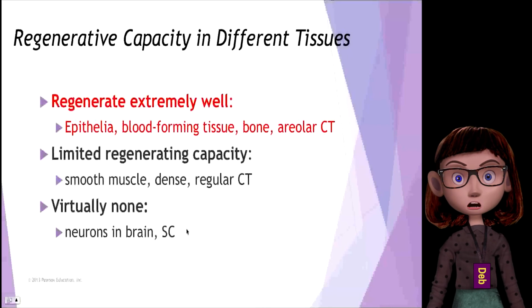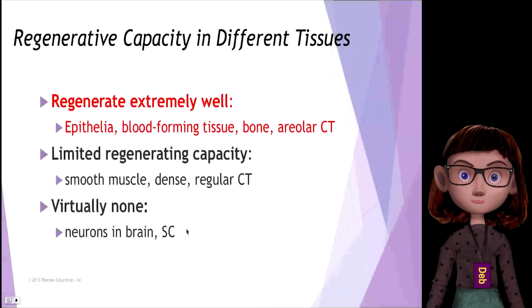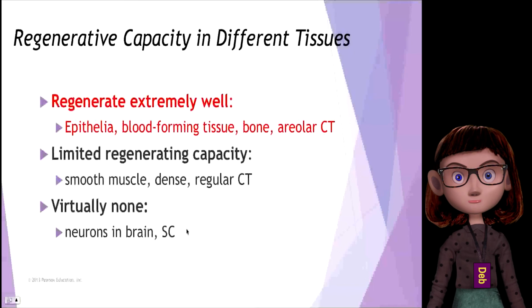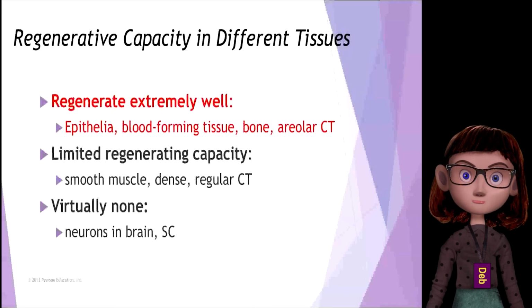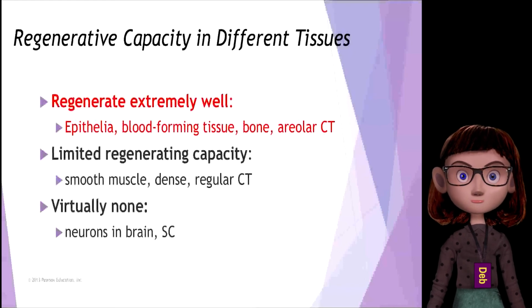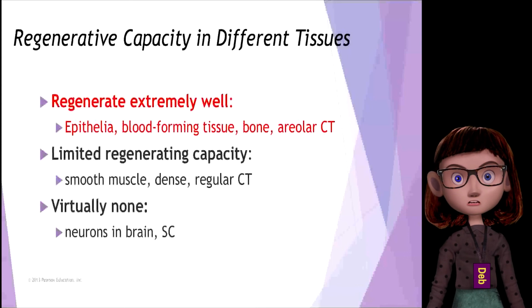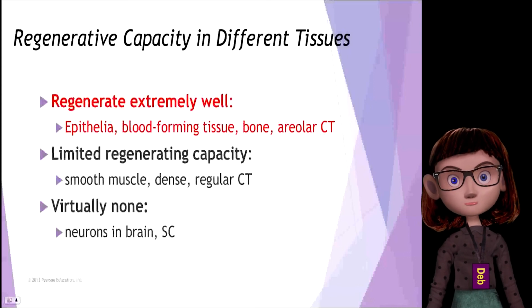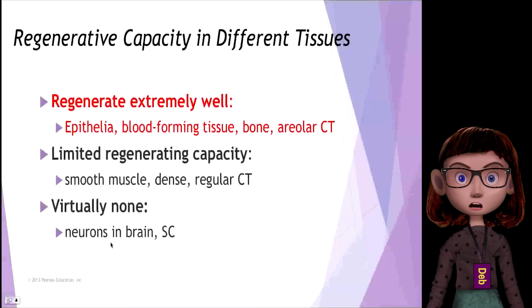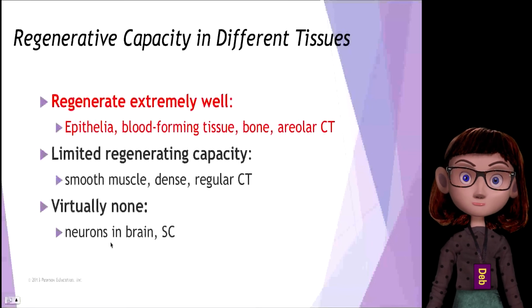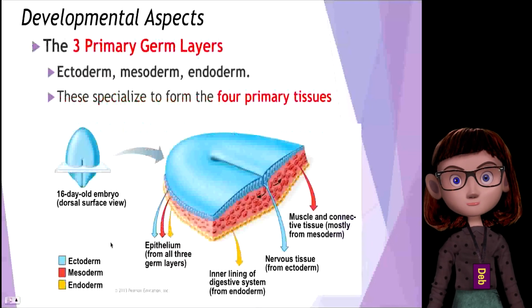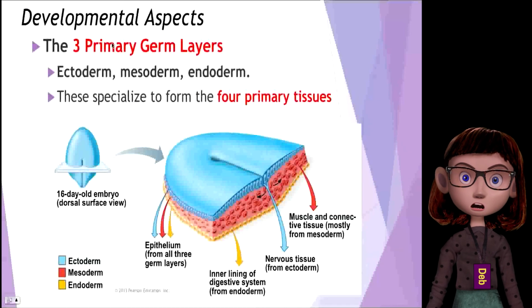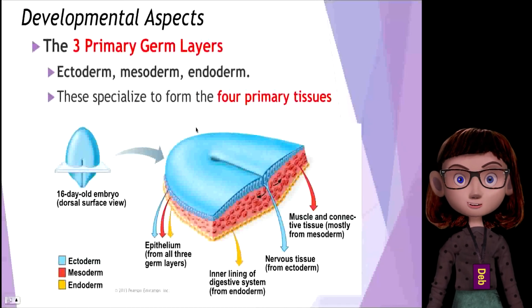There is some argument about this currently, as far as if there is ever mitosis of neurons during a repair of the brain, but it's always commonly been believed that neurons that have been damaged in the brain will not regenerate.